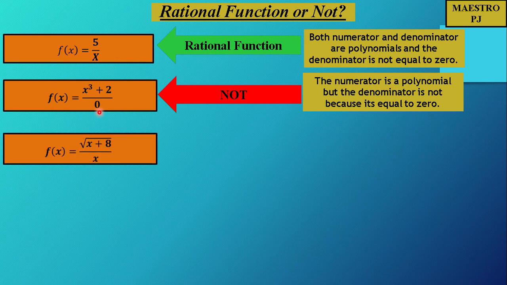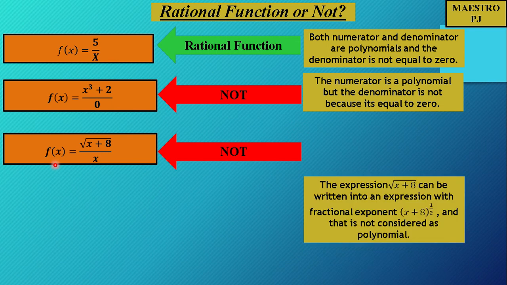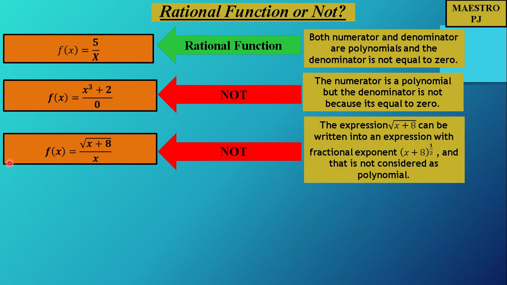Next, f of x is equal to the square root of x plus 8 divided by x. Is this an example of rational function or not? The answer is not. It's not a rational function. Bakit? The expression is square root of x plus 8. This is a radical expression since meron siyang radical sign na nandyan.